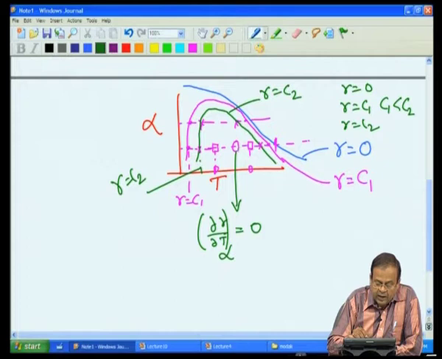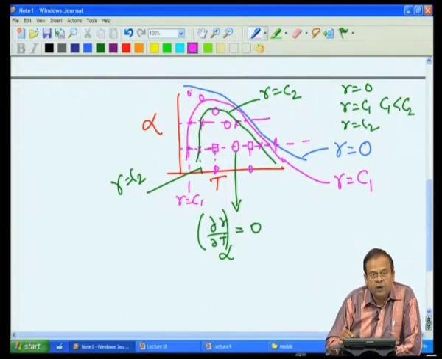Now, I can identify all such points. For example, at a different value of alpha, let us say this is that point, at another different value, this is those points.